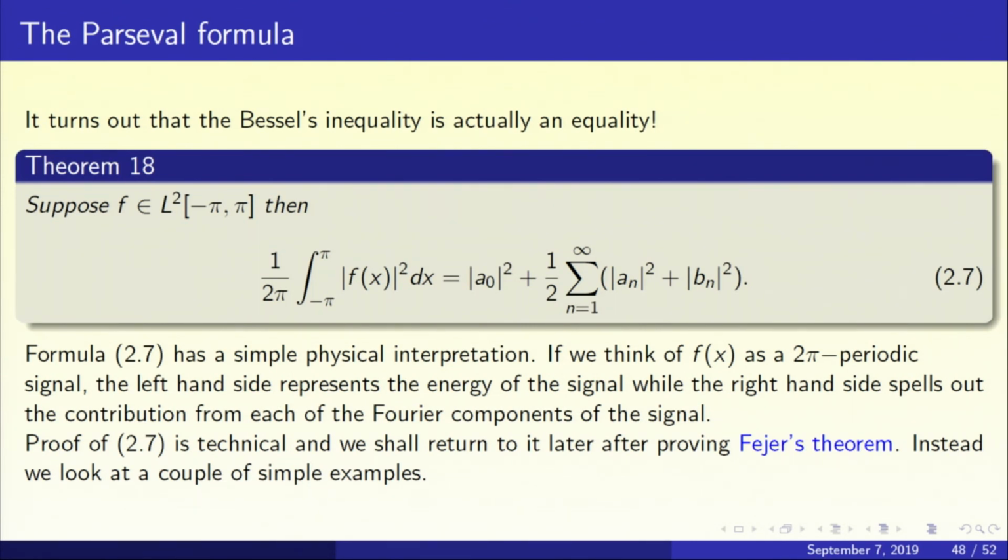We should think of our function f(x) as a 2π periodic signal, and the integral that you see on the left hand side, 1/(2π) ∫_{−π}^{π} |f(x)|² dx, is the average energy of the signal. So what the equation says is that to compute the energy of the signal, we simply have to look at the contributions from the Fourier coefficients.